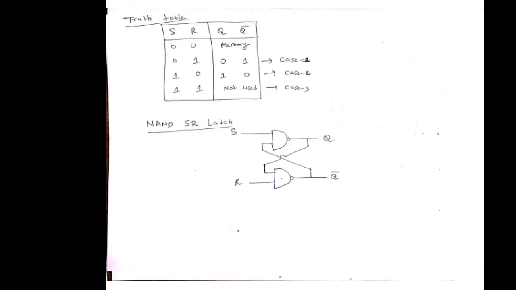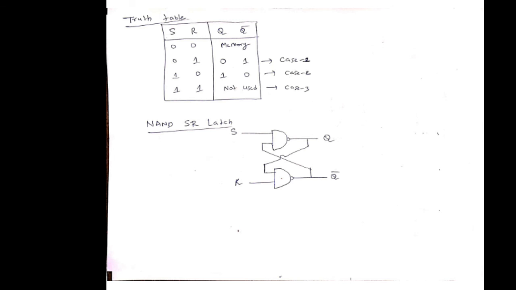Okay, and this is the second SR latch, using NAND gates. Using NOR gates is over just now. Using NAND gates, the NAND gates are cross coupled, and we are giving S first, R next.